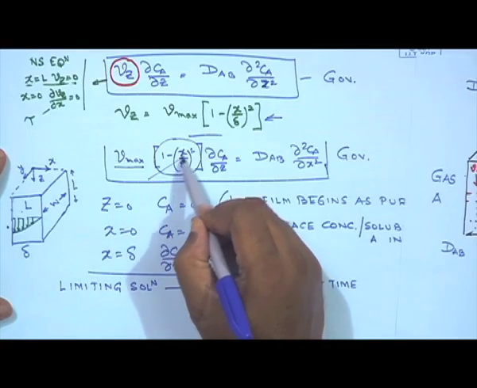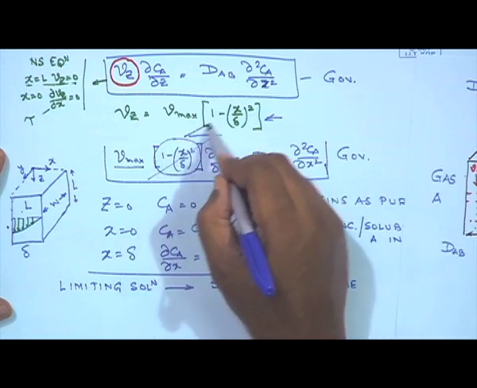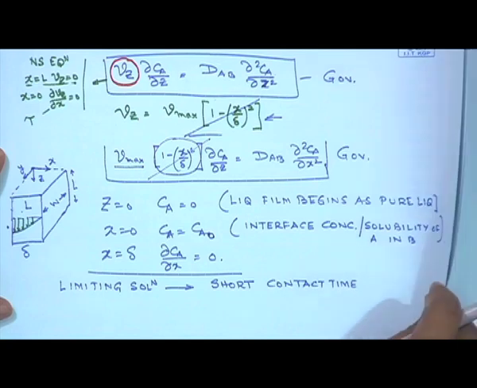So for a short contact time, when the penetration depth is small, the modified form of the equation would be such that this part would not be present, and it is as if Vz is equal to Vmax.